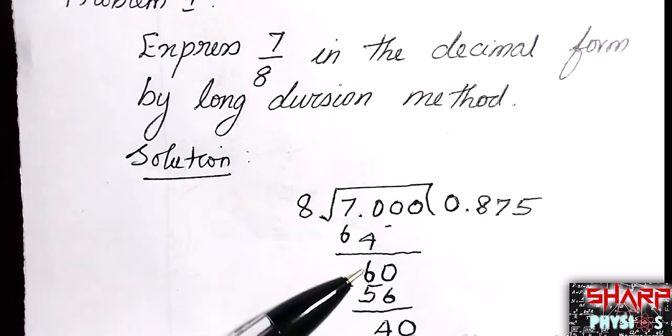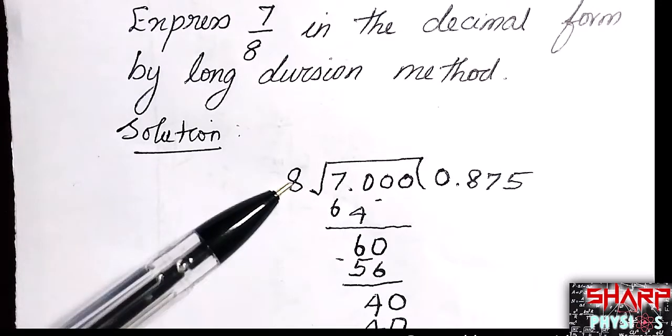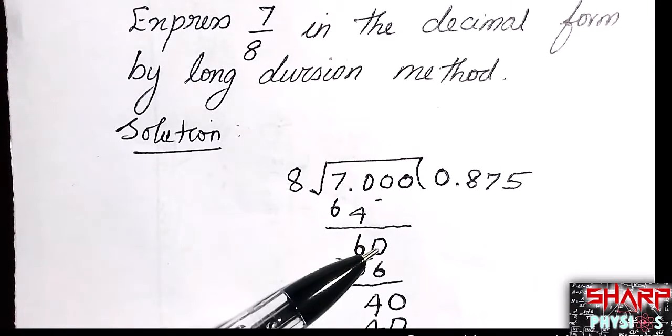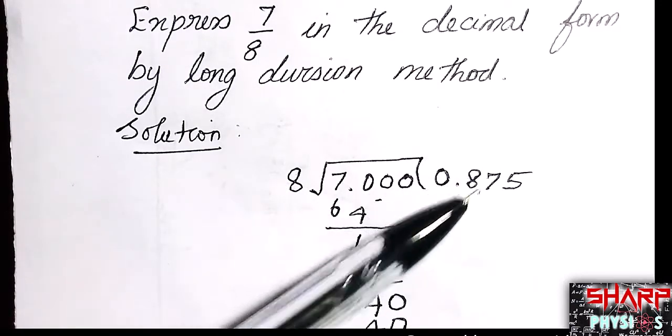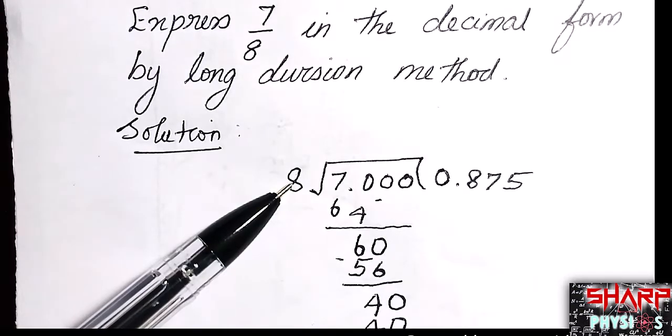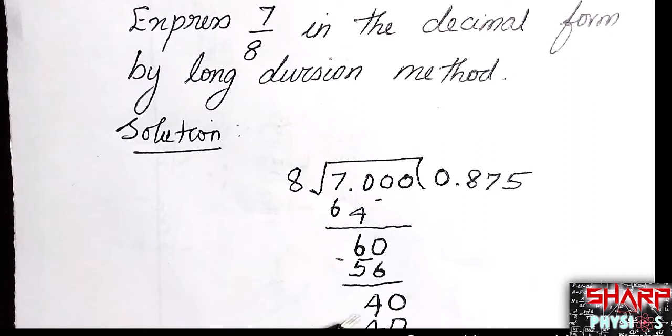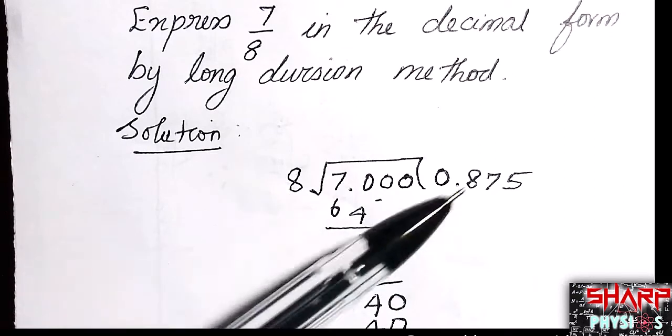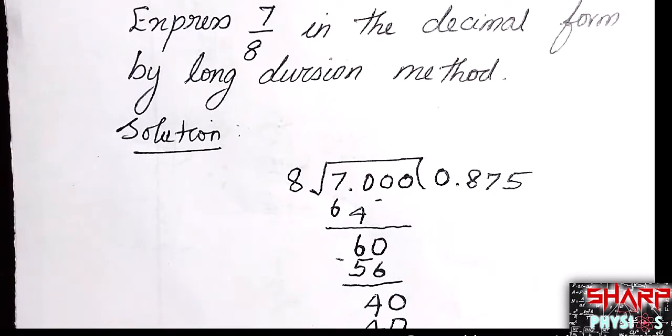If you subtract, you get a remainder 6, and 6 is less than 8. So you add another 0. 8 7s are 56. You get a remainder 4. 4 is less than 8. You add another 0, it's 40. 8 5s are 40. It's 0. So 7 divided by 8 is equal to 0.875.